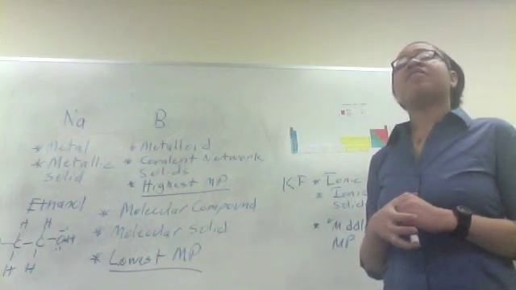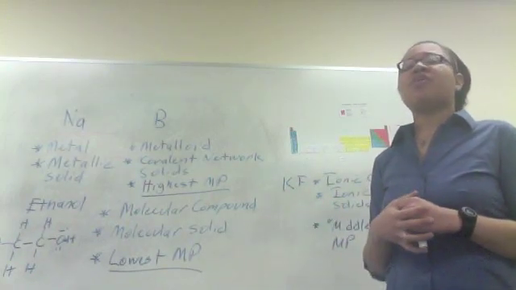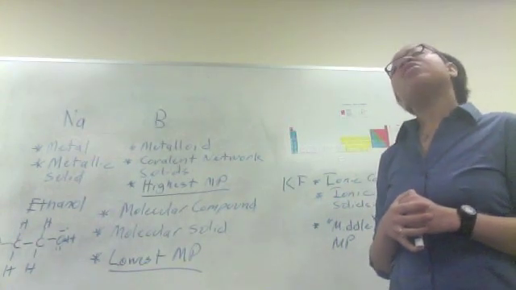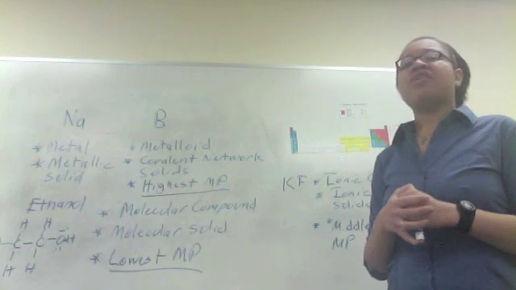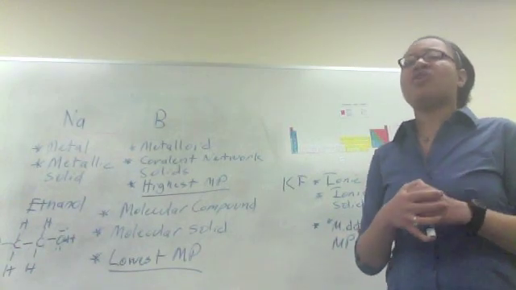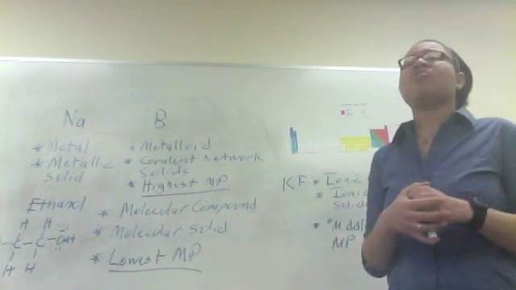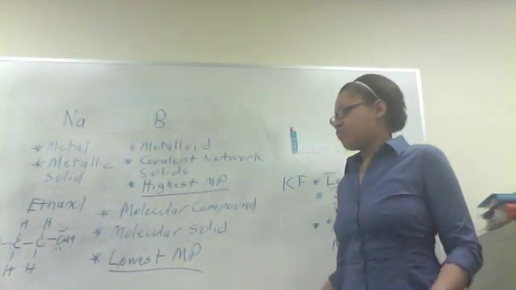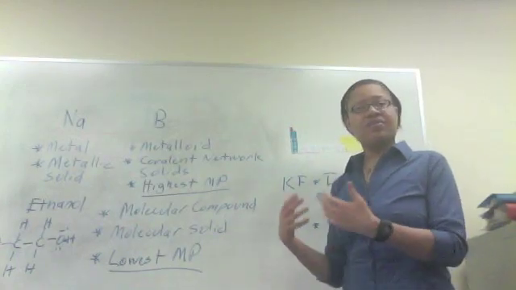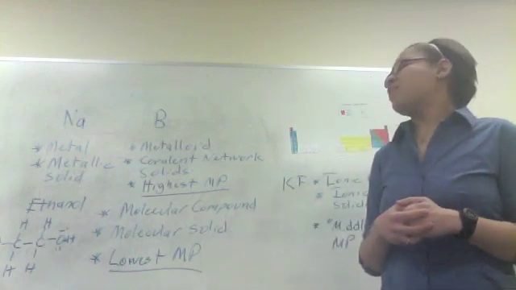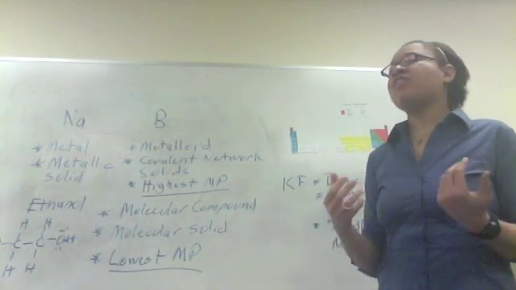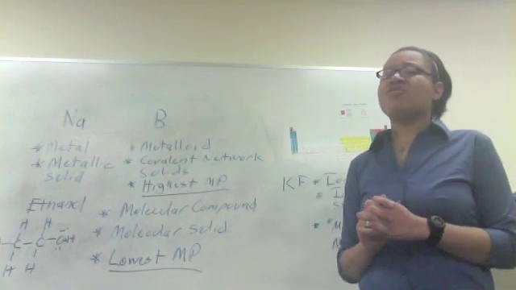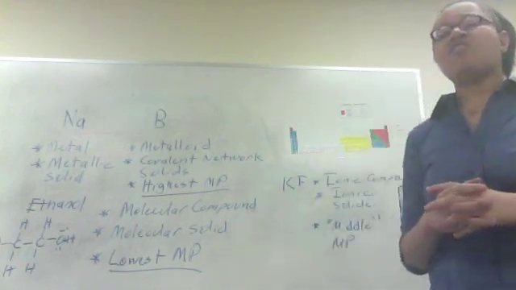Just like with the boiling points, molecular compounds that have more intermolecular forces will have higher melting points than those molecules with fewer intermolecular forces. Okay, and that's it. So we talked about comparing different types of solids and different substances by looking at the interactions between their constituent particles.